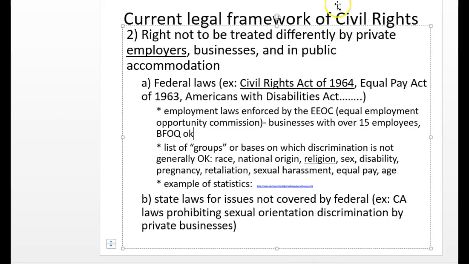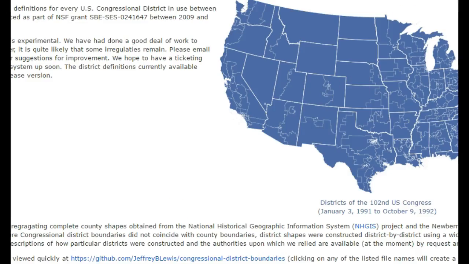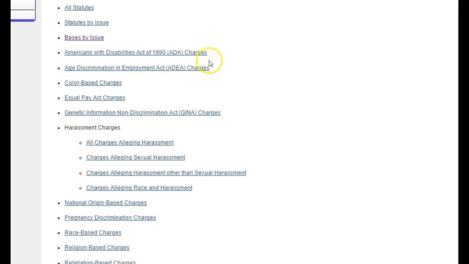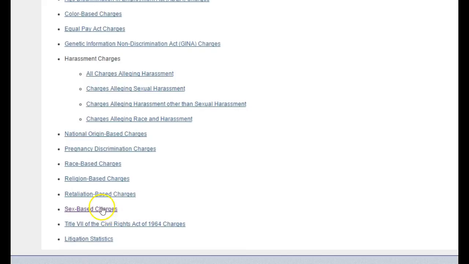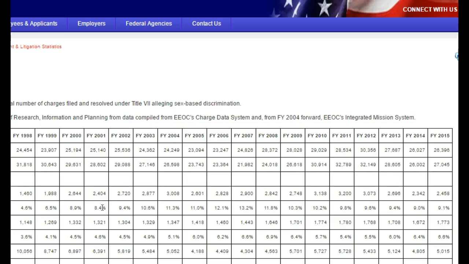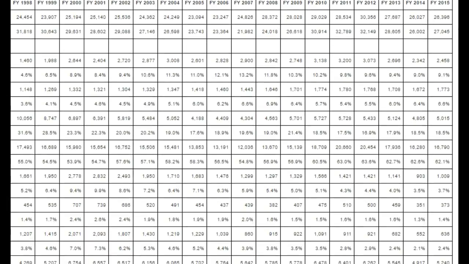Let me just show you an example of how these statistics look. You can find the enforcement statistics at the Equal Employment Opportunity Commission, and let's just look at sex-based discrimination charges. In 2015, there were 26,000 complaints nationwide.